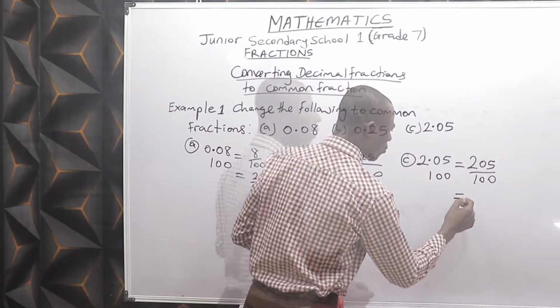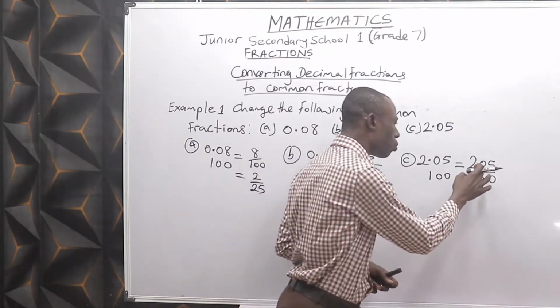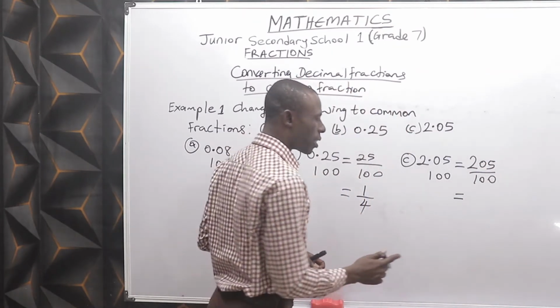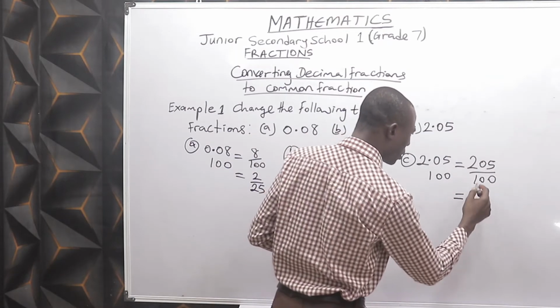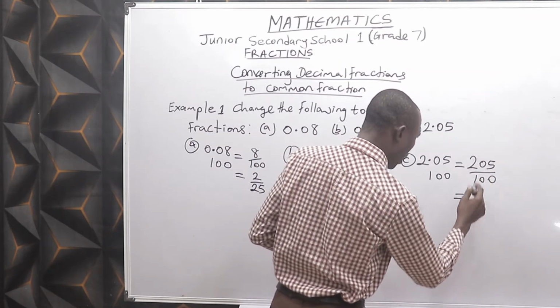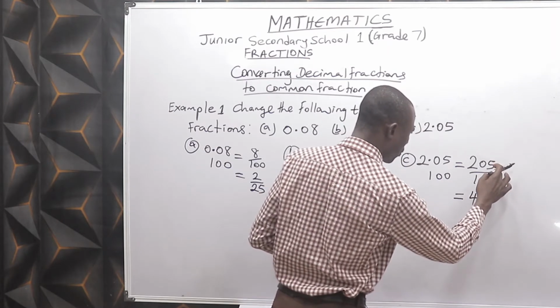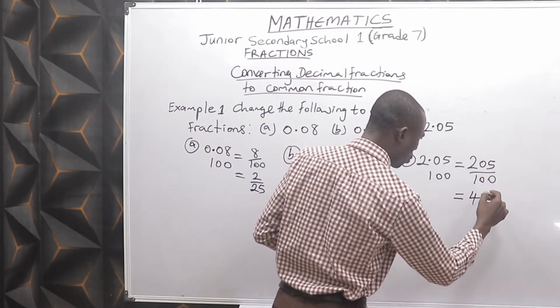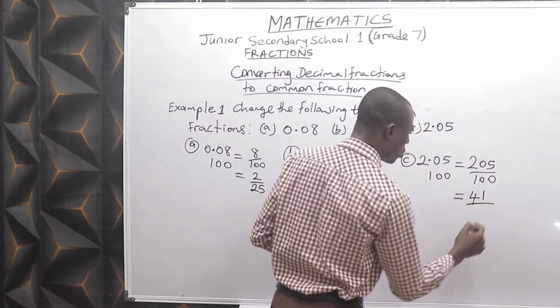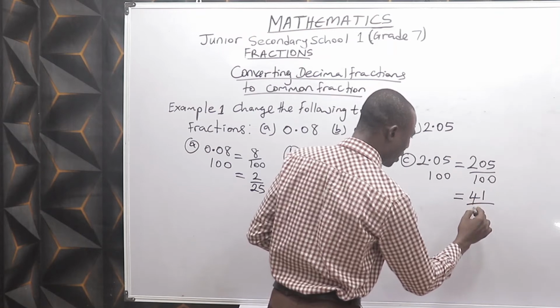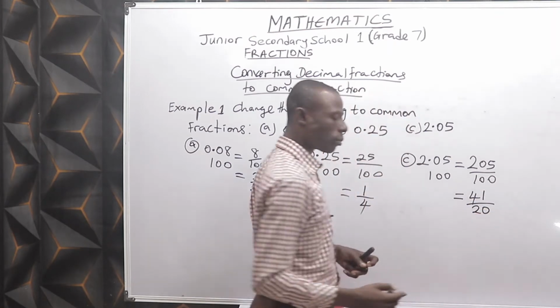So what common factor will go in 205 and also 100? We can see 5 goes in 205. 5 in 20, that is 4. 5 in 5, that is 1. All over 5 in 100, that is 20.